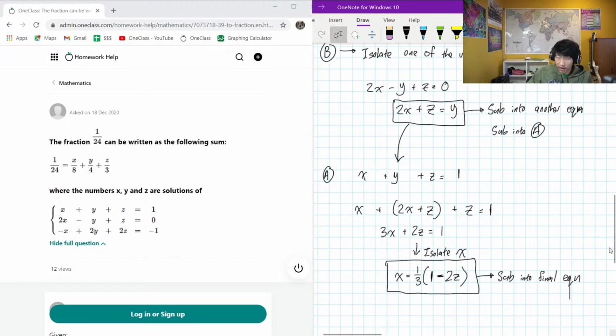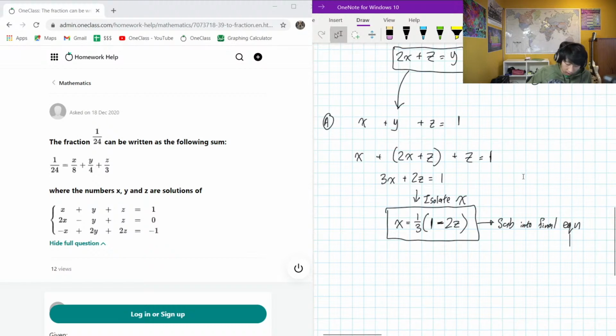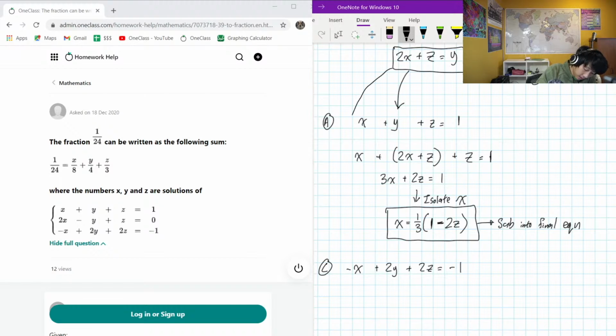In this case, our final equation is C. Equation C: we have negative x plus 2y plus 2z is equal to negative 1. So we want to replace y out of here.